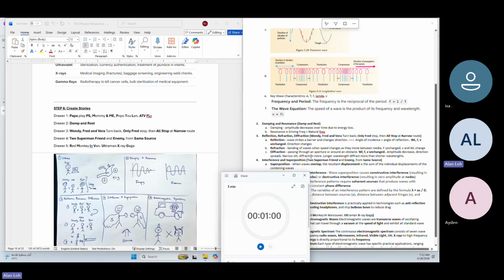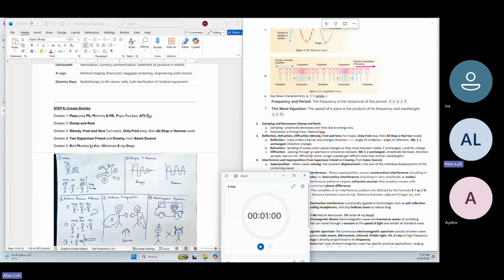By now, I think you have some idea and you can explain it well, what is damping and what is resonance. Then the next drawer, reflection, refraction, diffraction. Also, I think by now you have some idea, maybe not a full understanding, but some idea, especially what is reflection, because reflection is something you experience almost every day.